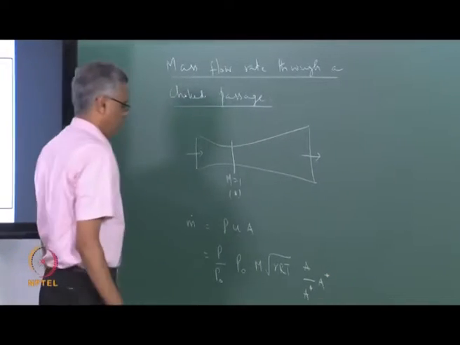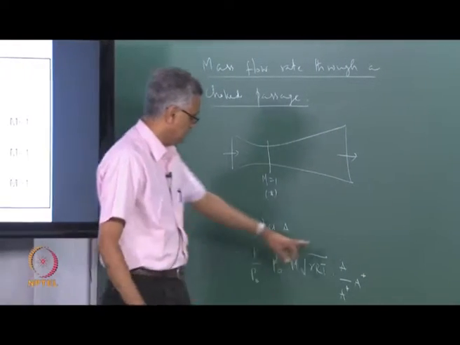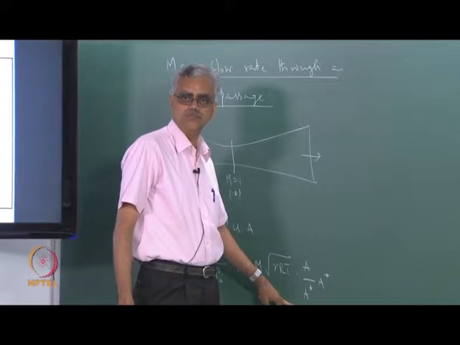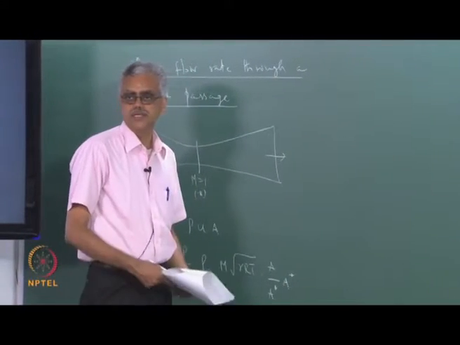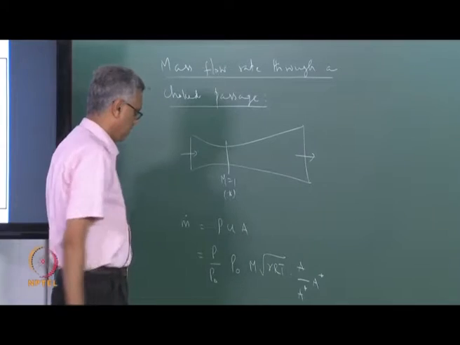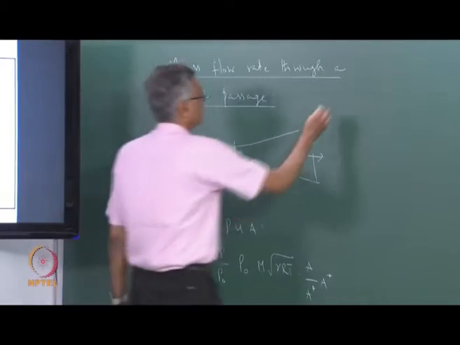Since the flow is choked, I can write this as A over the cross sectional area where the flow chokes times A star. So, A star is the location where the Mach number reaches 1.